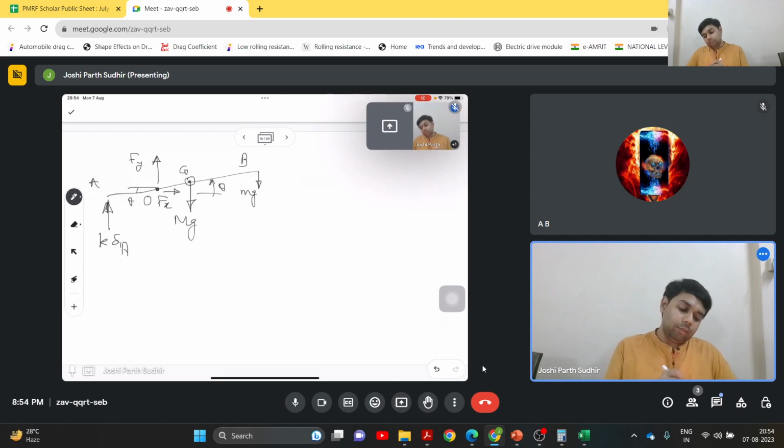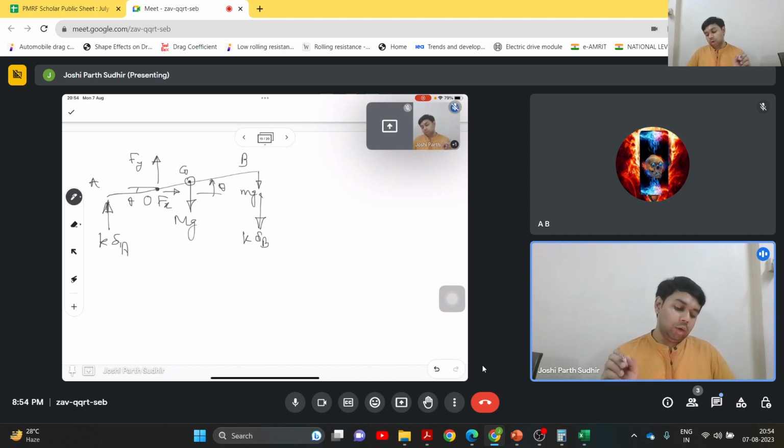And then there will be another spring force here which will be tensile, because this spring will get extended on the right hand side, and we'll call it k delta B.